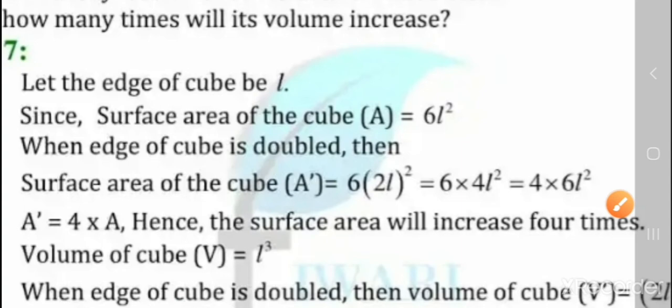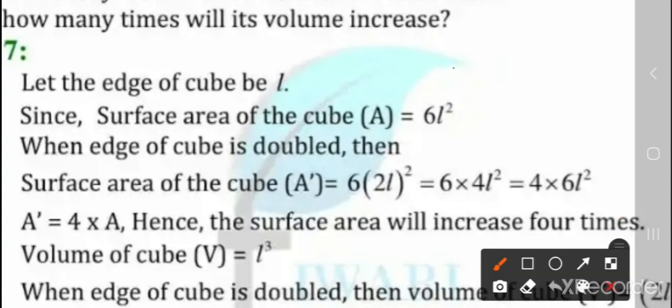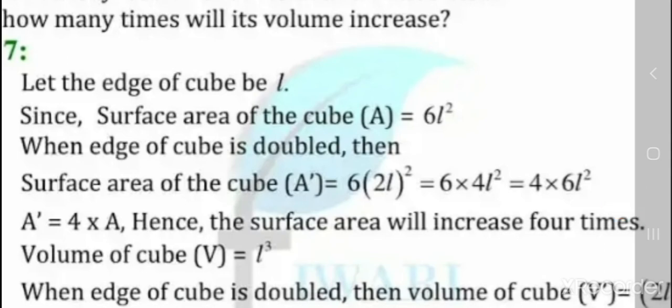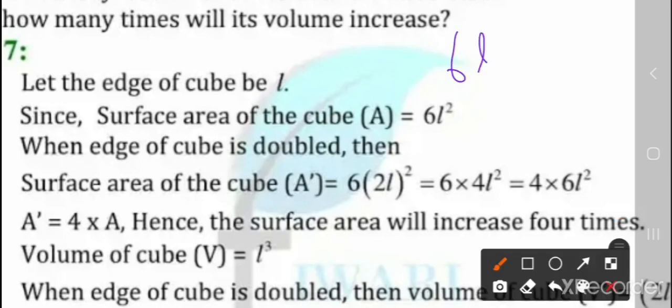Now, surface area of a cube when it is doubled will be what? Instead of this L square, you are taking 2L whole square. Instead of this L, it is doubled, so you are taking 2L. What is our real formula? The formula is 6L square.